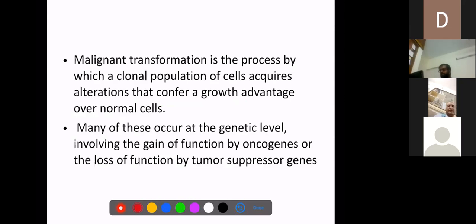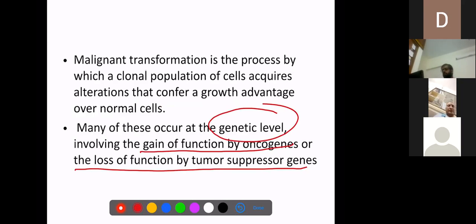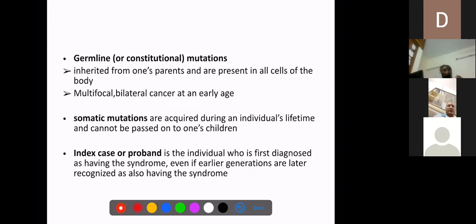Cancer genetics. We all know that all malignant transformations occur at a genetic level. It can be a gain of function mutation of oncogenes or a loss of function mutation of the tumor suppressor genes. So how do mutations occur? It can be a germline mutation, or it can be a somatic mutation. What do you mean by a germline mutation or a constitutional mutation? It is inherited from one of the parents.